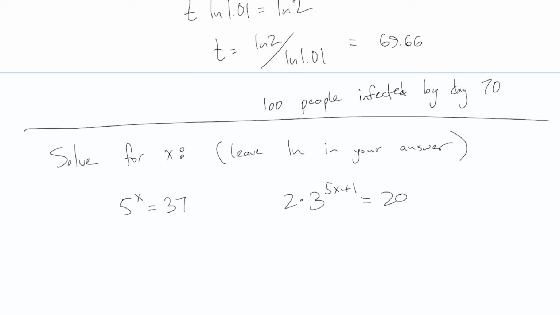You should be doing the natural log on both sides and then bring the exponent in. This is a little backwards.